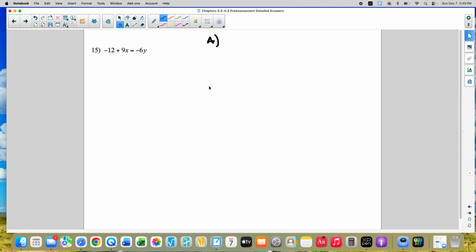I'm going to wait on point slope, and I'm going to do slope-intercept form first. And I'm going to write this with the y first. -6y equals 9x minus 12. I just rewrote it, -6y on the left, right?